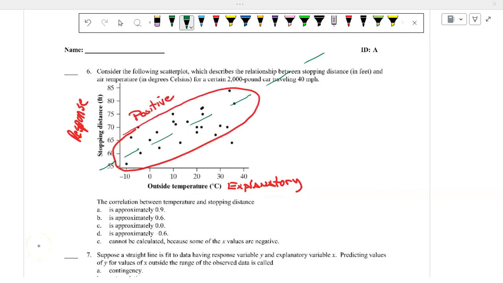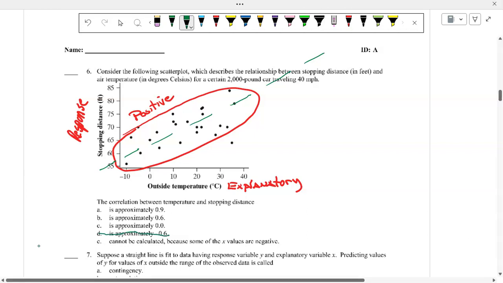All right, so you see when I draw an oval around those dots, the oval is longer in this direction. So this is uphill, which means you have a positive relationship. All right, so we're going to be looking for correlation coefficients that are positive.